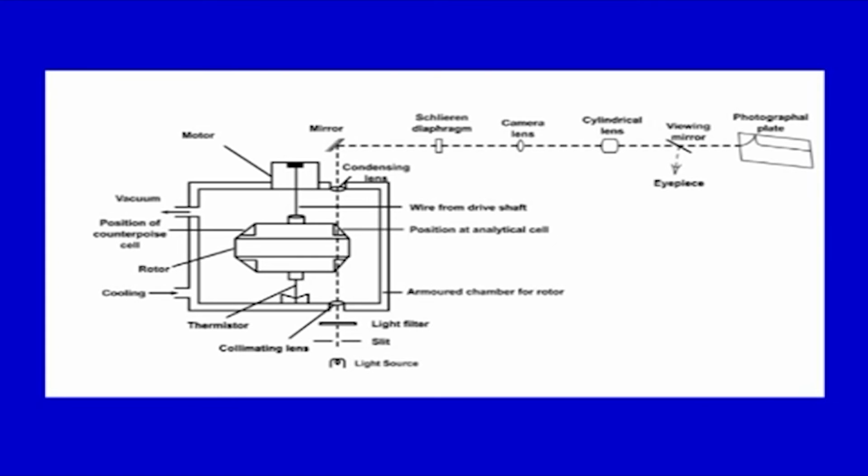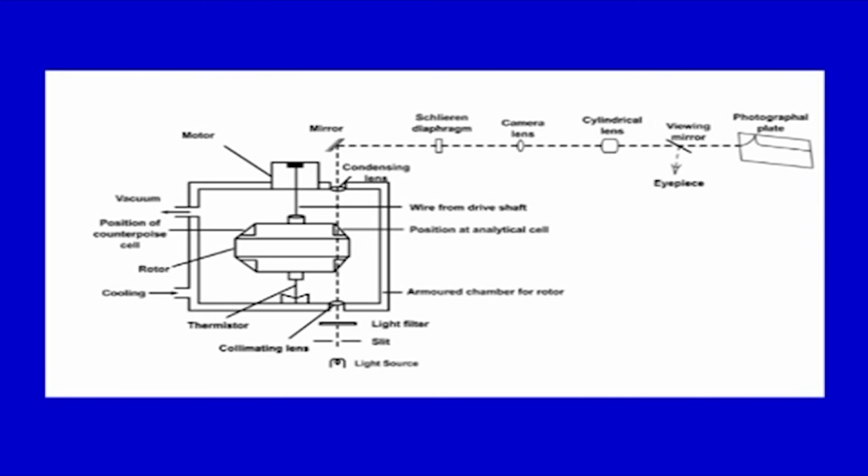So, what you have is a system where the rotor is placed in an evacuated, refrigerated and armored chamber. There is a temperature sensor, and this rotor is a solid rotor with two holes where a counterpoise cell and the analytical cell could be placed in. And below the rotor at another tip there is a wire or a thermistor which senses the temperature.